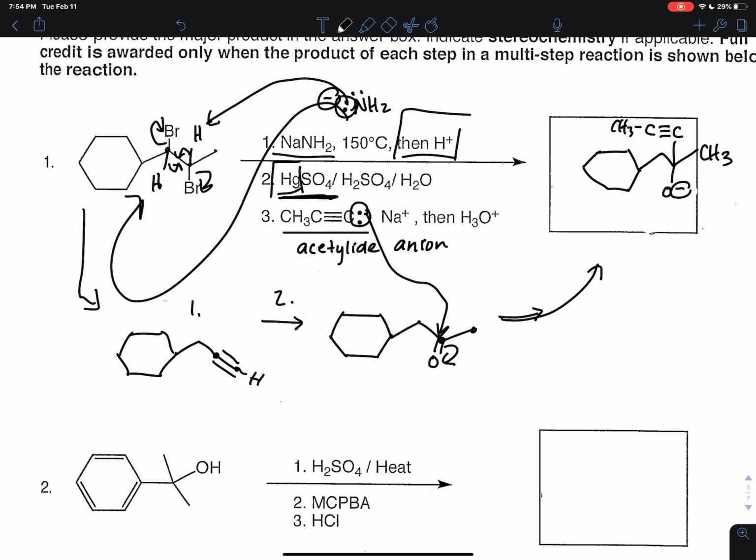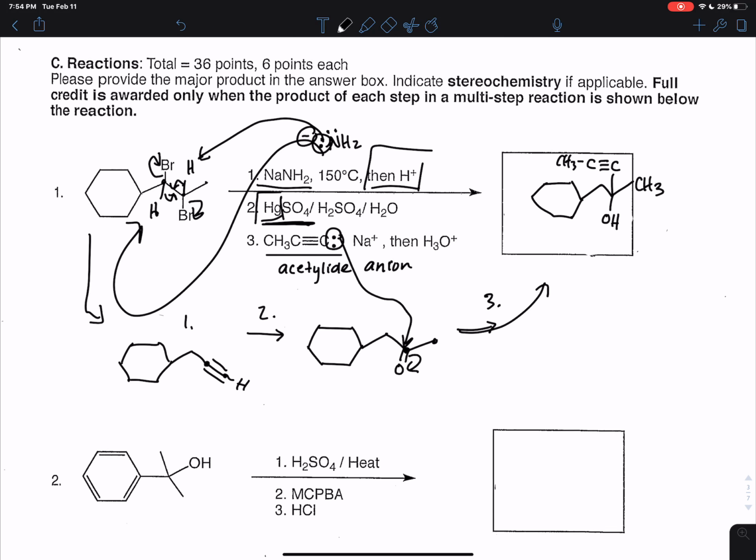And then can I leave it like that or have to add something? Perfect. Because there is an H3O plus step. So all that's going to do is protonate that oxygen, okay, and give you the alcohol, okay? If you guys have any questions about this, go to the tutors that are around. Ask the tutors.